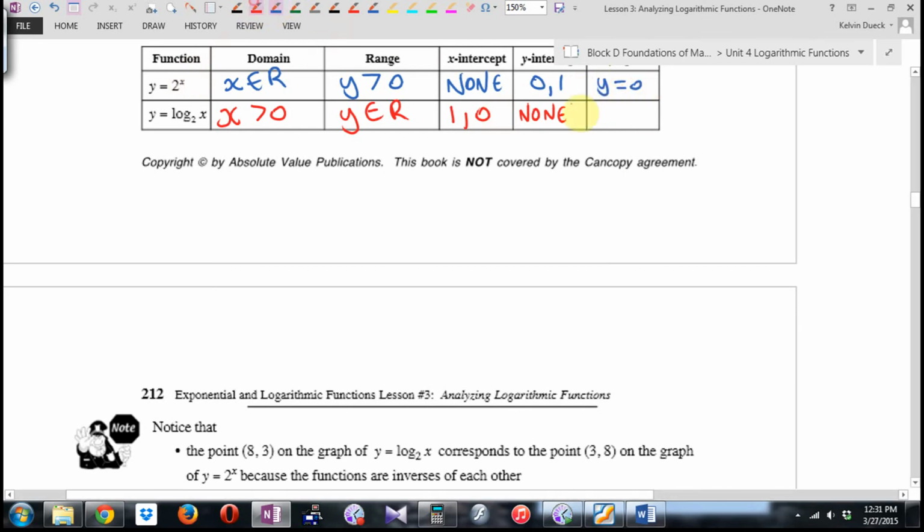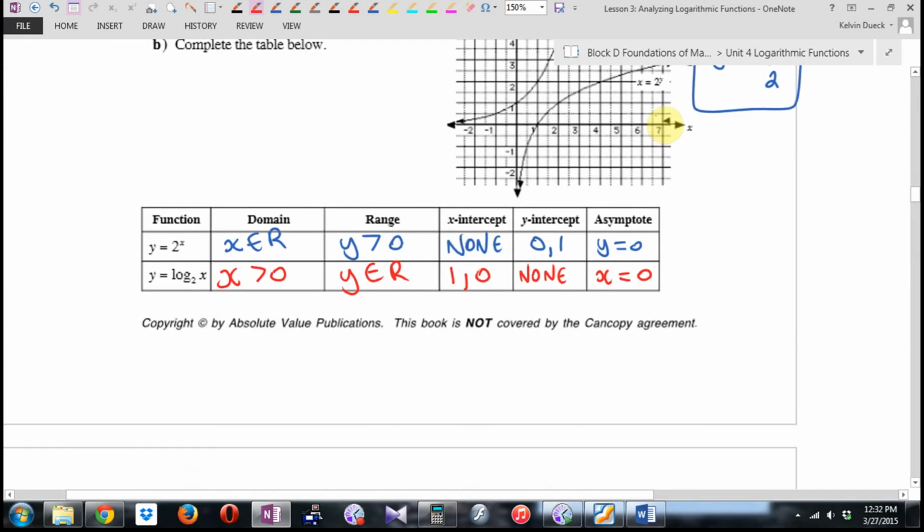I bet you the log graph is going to have a vertical asymptote of x equals 0, the y-axis. Yes? See, you can memorize both of those. Have I tried to give you a fairly easy way that if you just understand the first line, you can derive the rest?